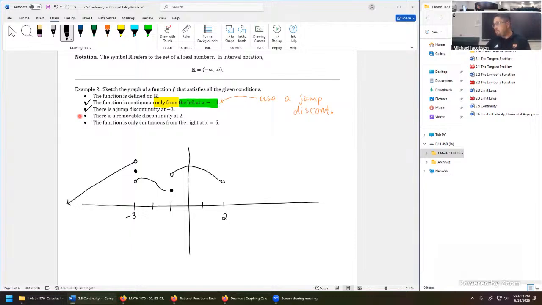Make there be a hole in the graph, so say something like this. But now we go back to the first bullet point. We need to have this defined in some way. So put a solid dot somewhere else. So that's what the removable discontinuity would look like. Just one hole in the graph, not a whole jump like what we see here. So that's the removable done. Any questions or comments so far?